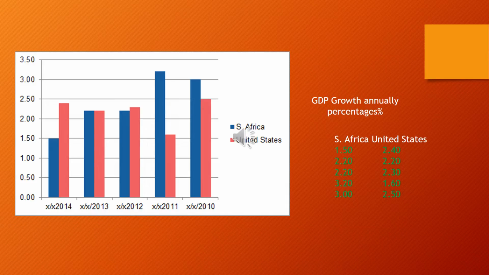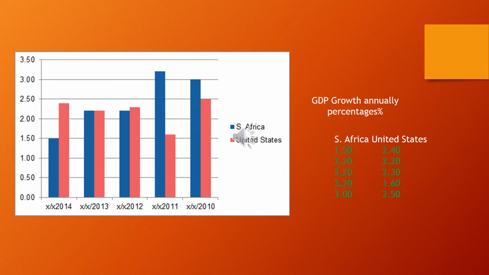All right, so here's where we start to get into more the cause for concern as far as South Africa goes. You can see back in 2010, they were at a 3% GDP growth rate annually, and as of 2014, they have shrunk down to a 1.5% GDP growth rate. So they're definitely slowing down a lot, and I can only assume that in 2015 it slowed down quite significantly. And so, just in general, you can see that the U.S. has remained relatively consistent.